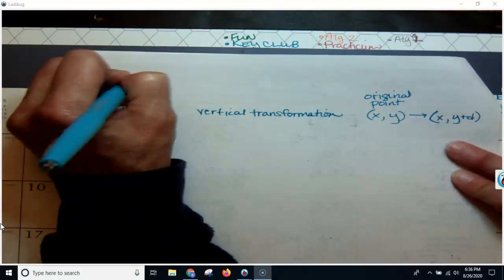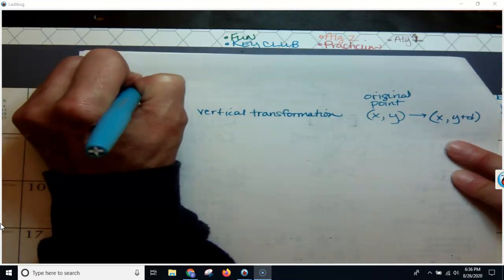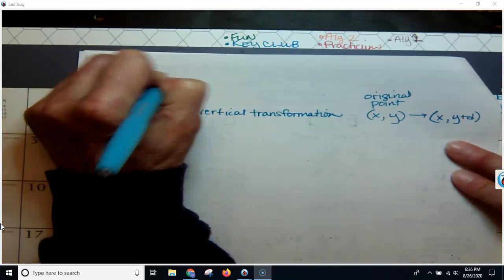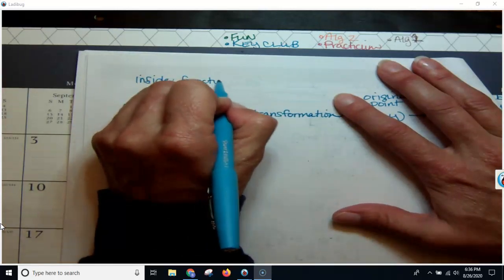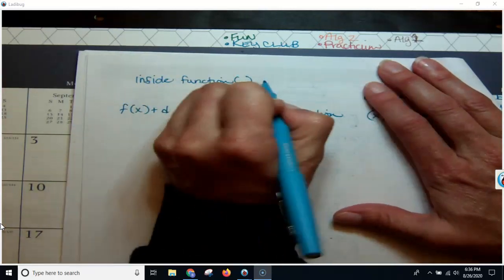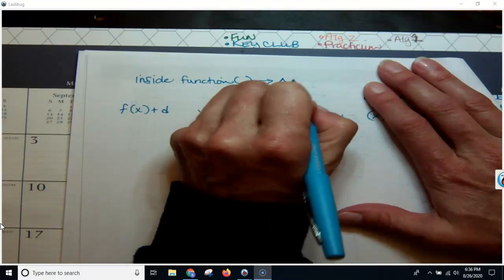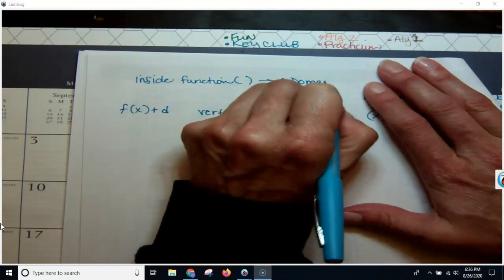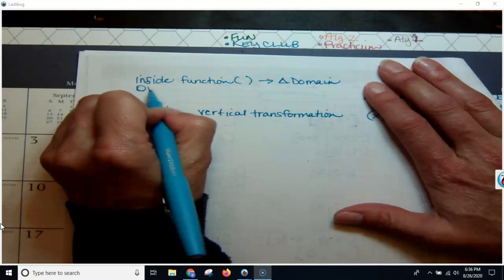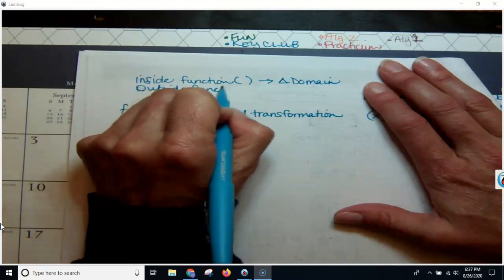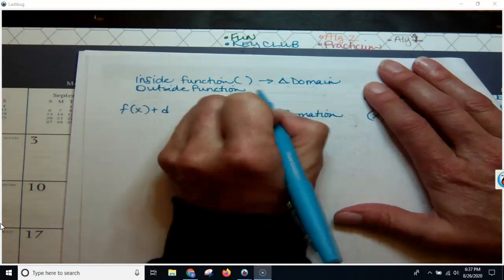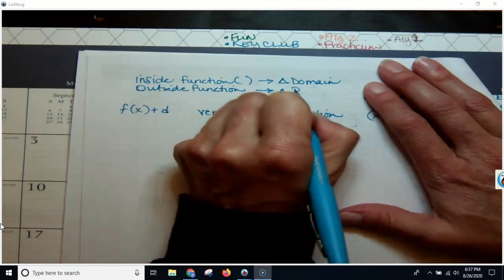So remember, if it's inside the function, or the parentheses, it'll be a change in the domain. If it's outside the function, then it is going to be a change in the range.